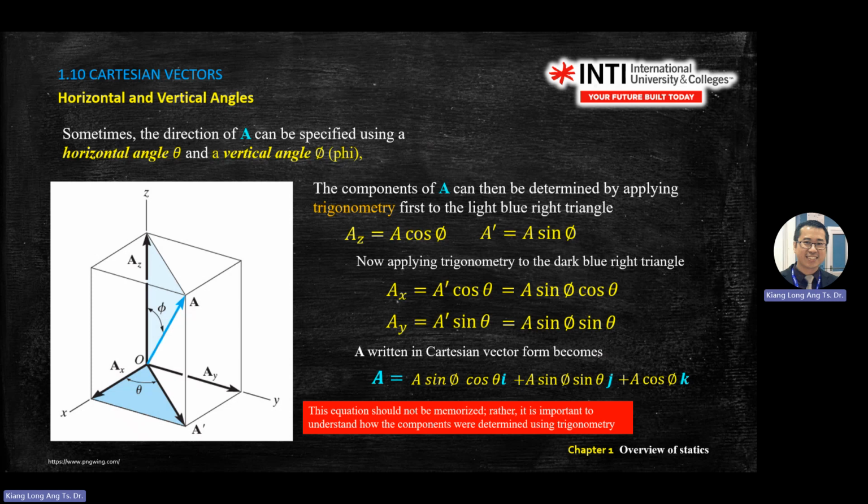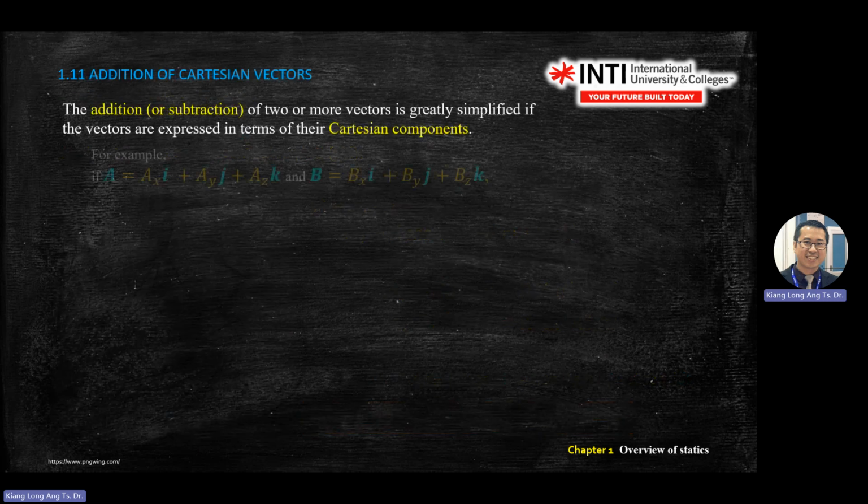When you label the diagram, you should know how to find the sine and cos component, and then you derive from there. You should be able to split the forces into respective axes, then you combine them together.